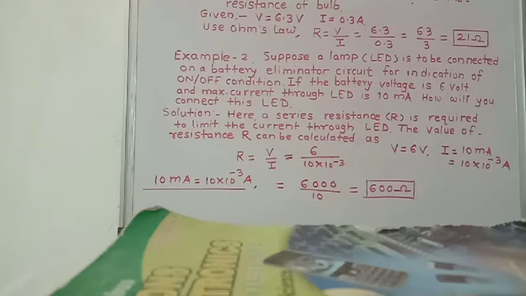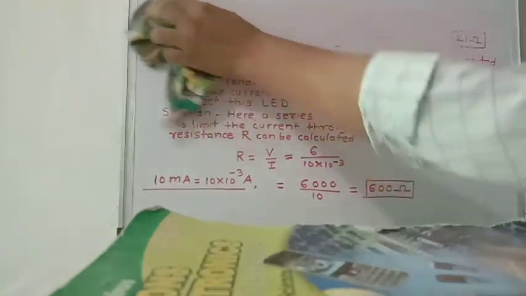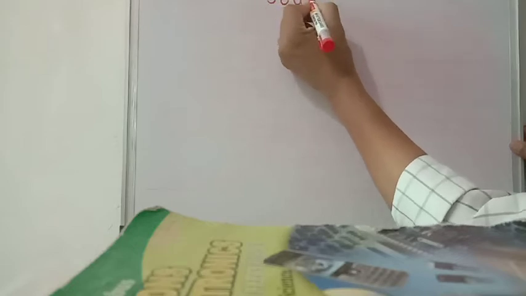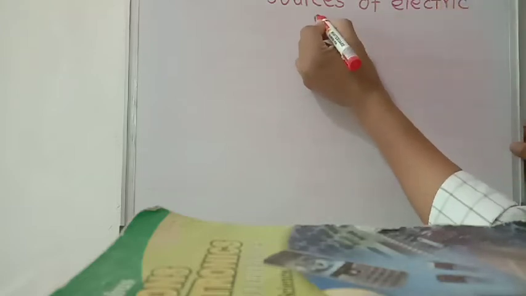sources of electric power. Sources of electric power means the sources from which we get electricity or electric power.